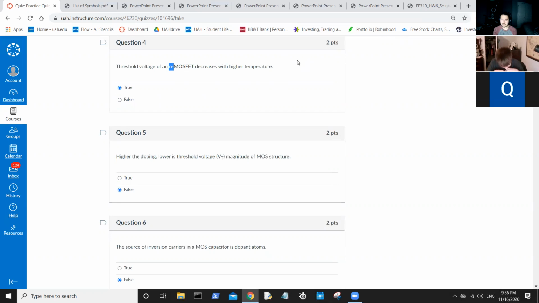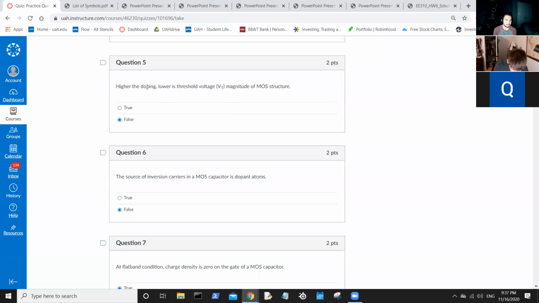Because it has positive ions, aka holes, when you heat it up and free electrons from the intrinsic silicon that still remains, it causes the positive and negative things to recombine, causing a net momentary decrease in the amount of carriers in the system, which causes the threshold voltage to go down because of carrier amount. Higher the carriers, higher the threshold voltage, lower the carriers, lower the threshold voltage. Higher the doping, lower the threshold voltage.